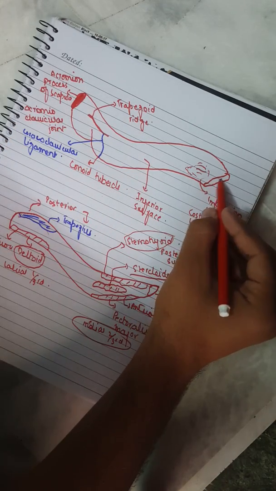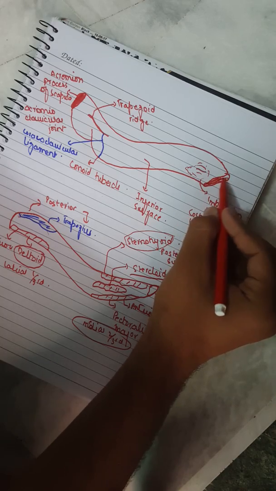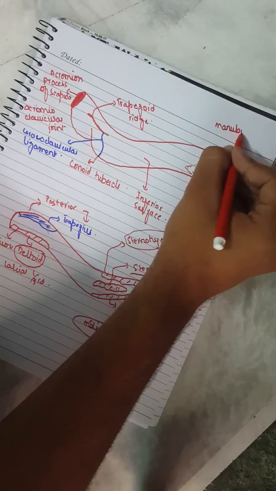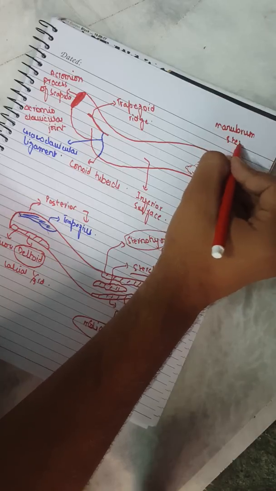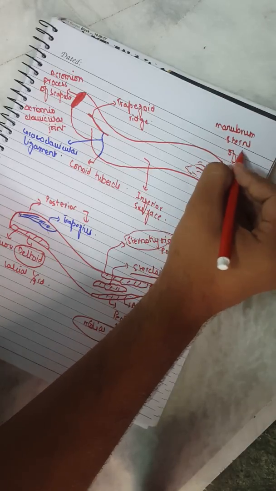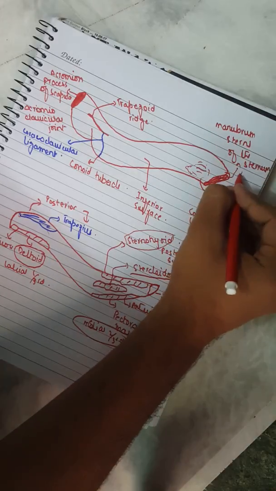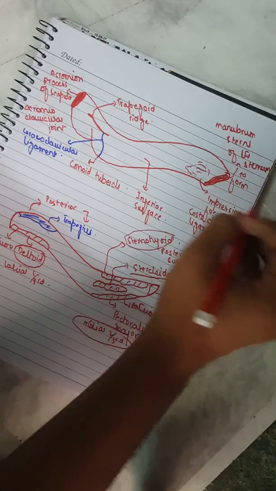Now, the medial head of the clavicle attaches with the manubrium sterni of the sternum to form the sternoclavicular joint.